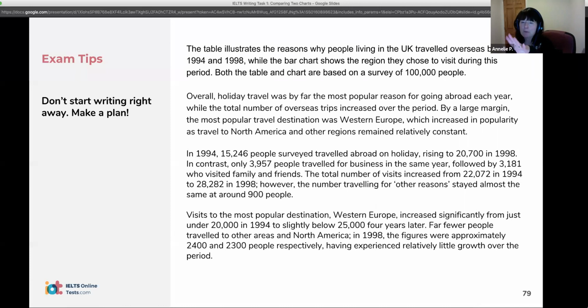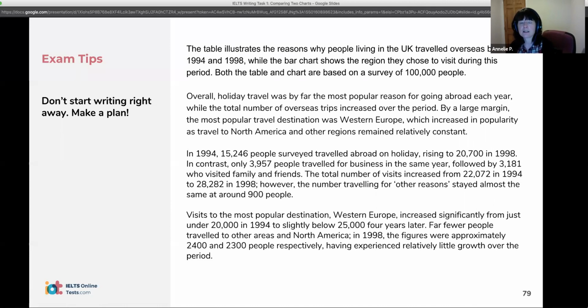Sometimes when you get a table, when you first look at it, it can be a bit tricky, it just looks like a lot of numbers, and you really need to take a moment and see what the trends are. Actually, there will always be some kind of trend there that you can talk about, okay? We don't need a conclusion, Abe, in the task 1. That's only for the task 2, okay?